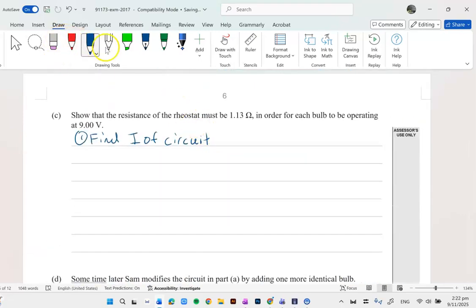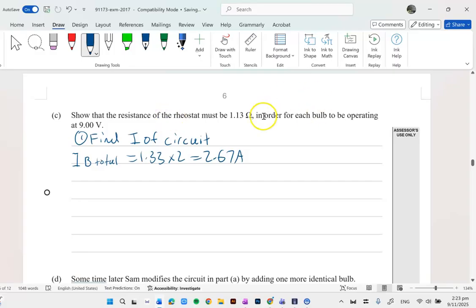So if I write that down, I'm just going to call it I bulb total. Actually, that should be current, not voltage. Equals 1.33 times 2, which I'm going to round to 2.67 amps.